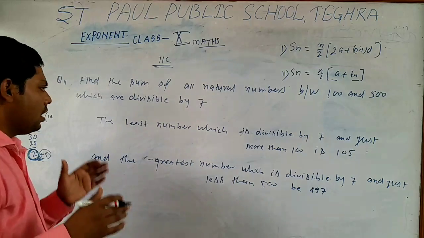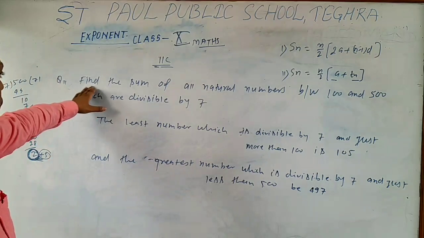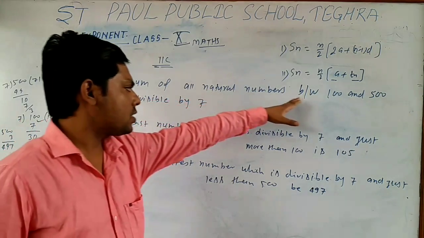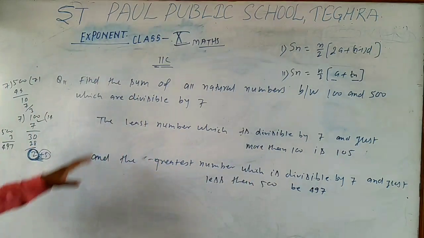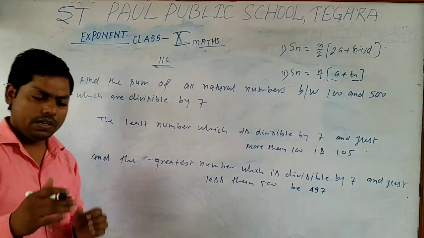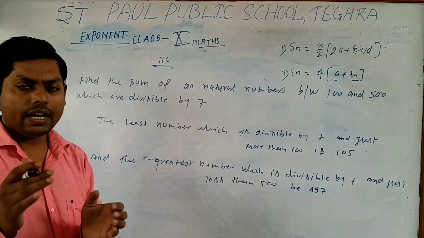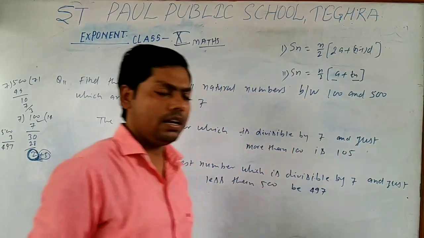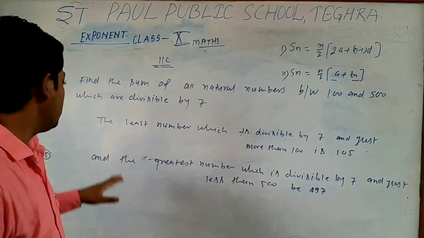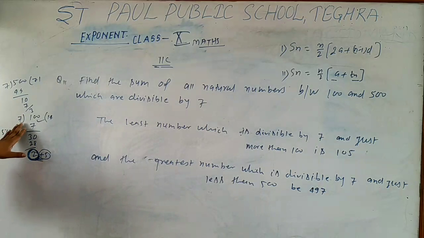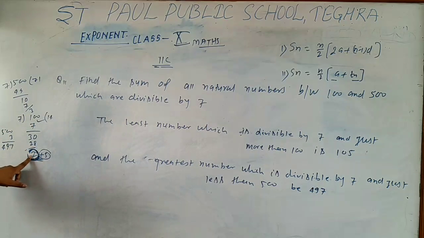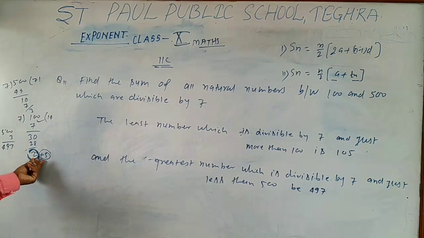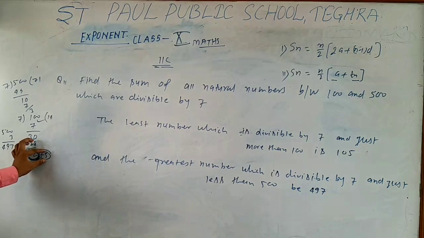So now we have an important question. Find the sum of all natural numbers between 100 and 500 which are divisible by 7. We have to find the least number and the greatest number, both lying between 100 and 500 and divisible by 7. We divide 100 by 7 and the remainder is 2. For divisibility by 7, we have to make 2 into 7, so we add 5.